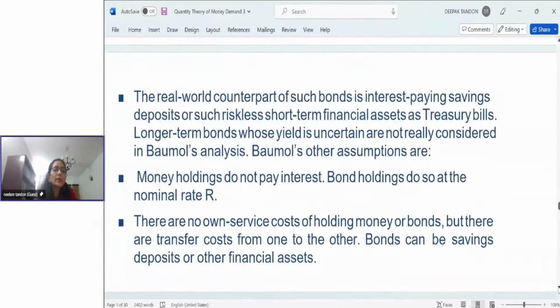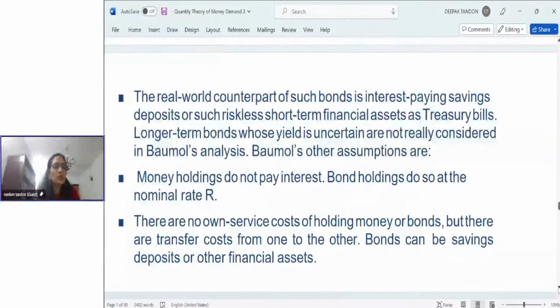So money holding is not going to pay interest. We know that. You keep cash, you do not get any interest. If you go for bonds, you get an interest rate, whatever it may be, 5%, 7%, 3%, 4%, but you get a nominal rate of interest. And if you go for keeping cash, you incur cost. If you go for transacting from cash to bond, you incur transfer cost.